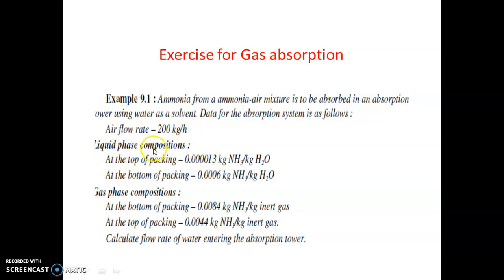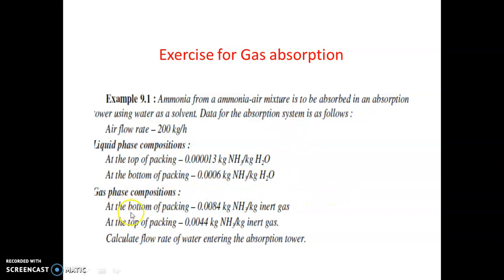Liquid phase composition at the top of the packing is 0.00013 kg ammonia per kg of water, and at the bottom of the packing 0.0006 kg ammonia per kg of water.